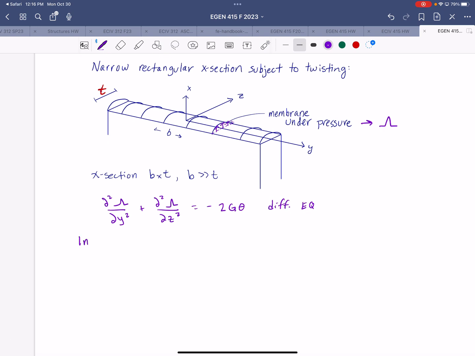and applying two integrations, we would get lambda is equal to negative G times theta times z squared plus constant c1 times z plus constant c2.